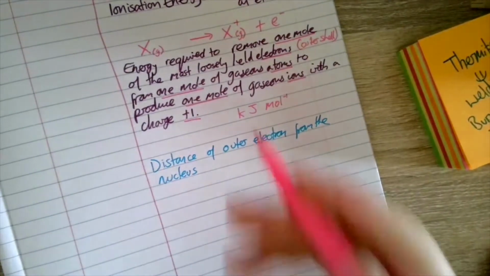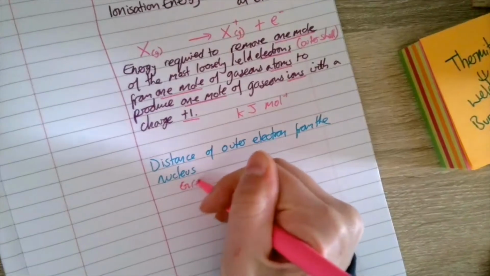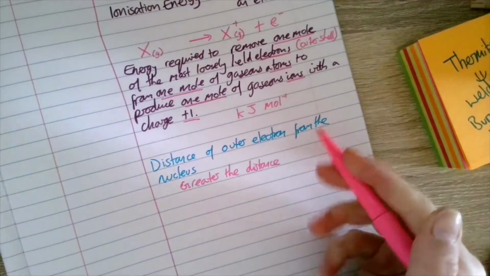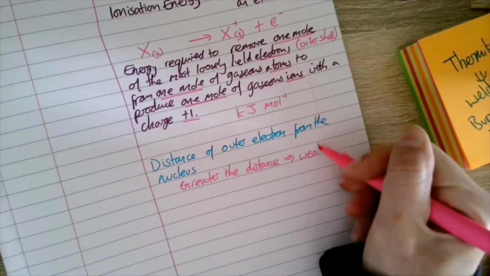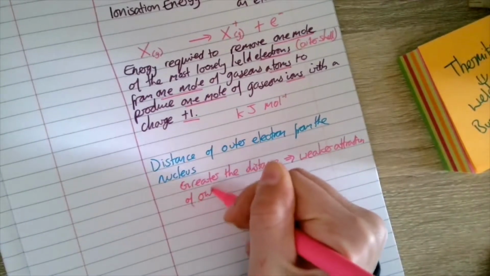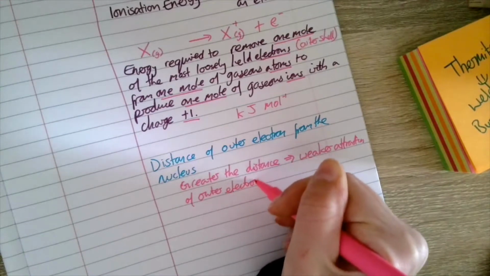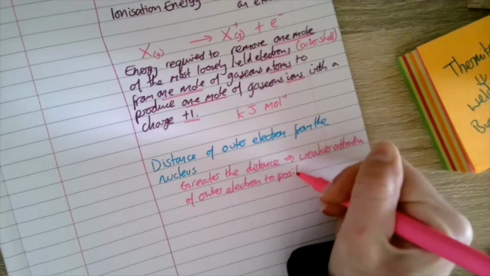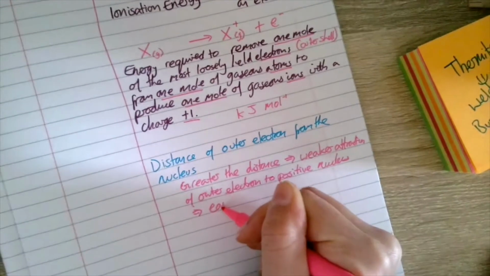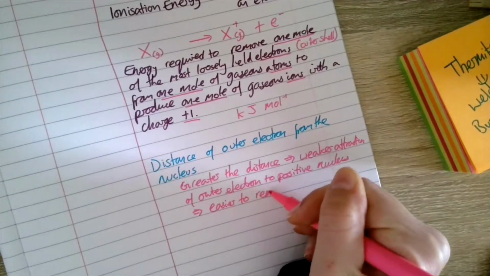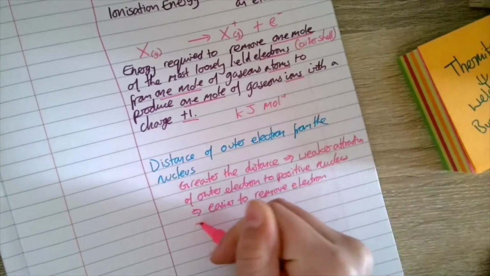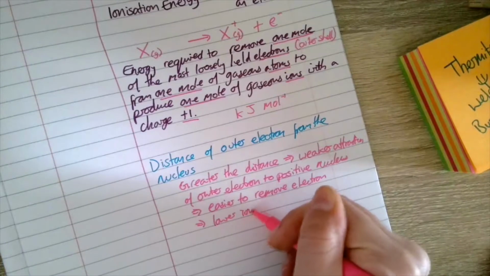So here, the greater the distance of the outer electron, we have a weaker attraction of the outer electron to the positive nucleus, and therefore it is easier to remove the electron, and therefore lower ionisation energy.